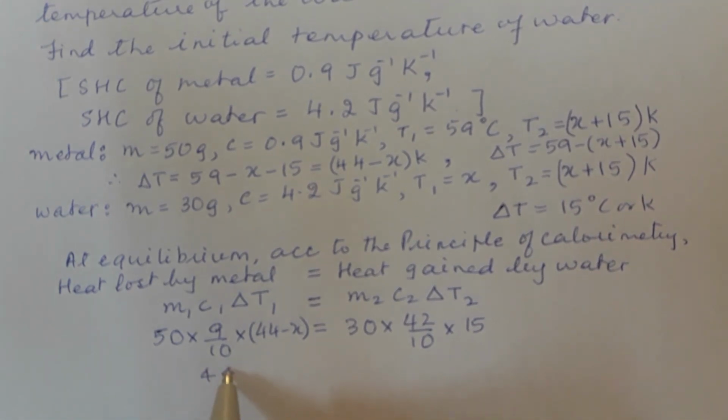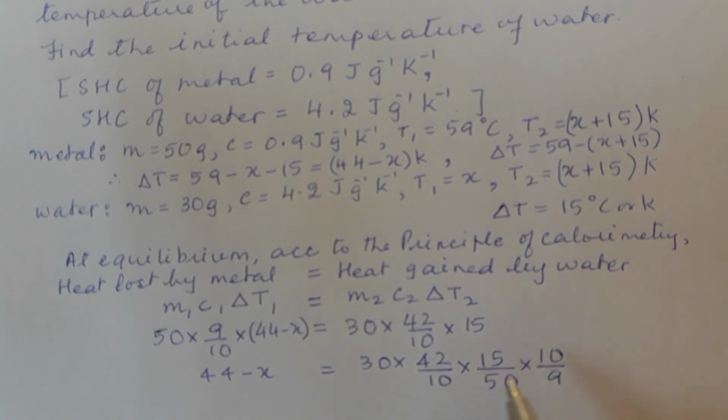So we shall have 44 minus X equal to 30 into 42 upon 10 into 15, and these two numbers will come this side. So 10 upon 9, and I will have 50 in the denominator, so I shall write here like so.